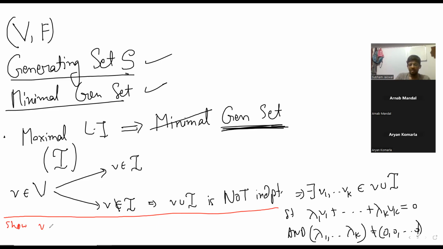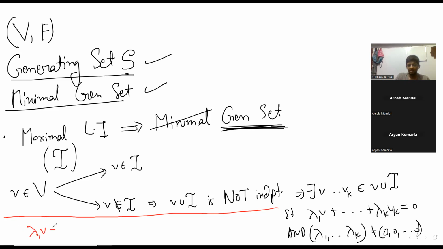Correct. So if V is not one of the vi's, then these vi's are in capital I, so v1 to vk are in capital I. But then if they are in capital I, this is not possible, by the definition of linear independence. So V is there, and V is the first one. So then what do you do? The first one is, and this lambda 1 is not equal to 0, right?